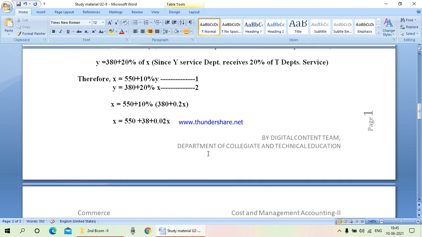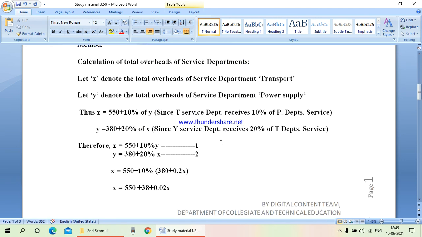So under the simultaneous equation method, first of all, we have to calculate the total overhead of each service department, that is also with the help of this equation. Only here, in the first step, we are adding the services received by one service department from the other.